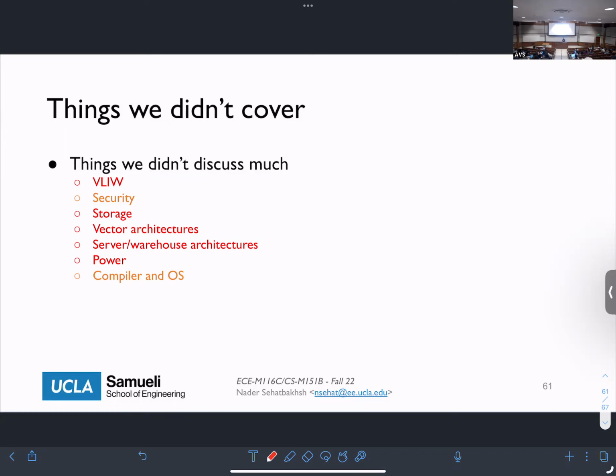We also didn't talk about some other topics that you might see in other similar courses. We didn't talk about VLIW. We didn't talk much about storage systems. We didn't talk about vector systems and server systems. We didn't talk much about power. We talked a little bit about the compiler and the operating system, and if you're into these topics, I definitely recommend you go and take a course in operating systems. We also talked a little bit about security, but if you want to learn more, I'm actually offering a course on security, okay?